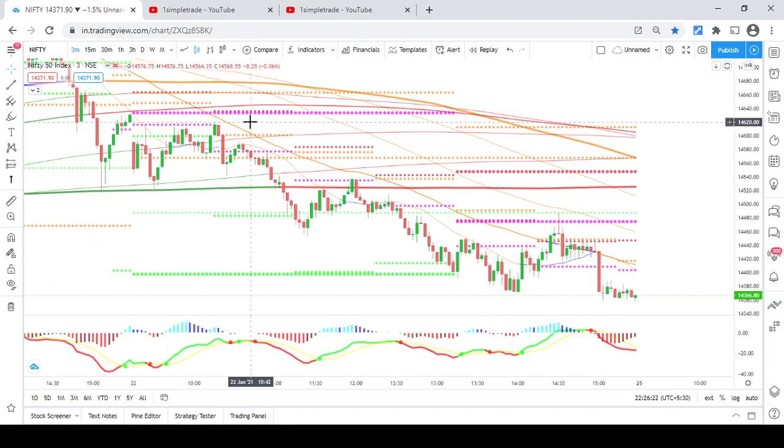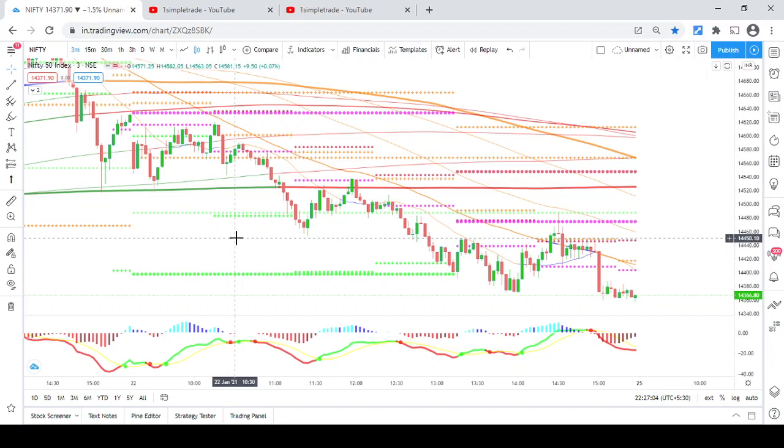So why is this a problem? If you are having so many indicators on your chart, that means in your mind you have a belief that somehow the market has to be understood, and based on these indicators you can predict whether the price is going to move up or down, and these indicators will help you figure that out.